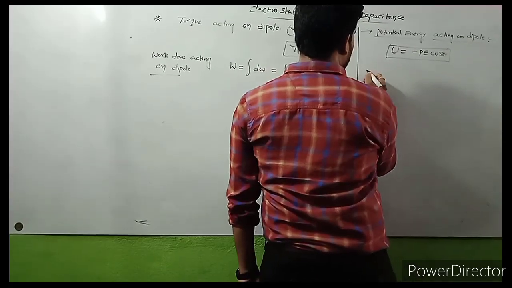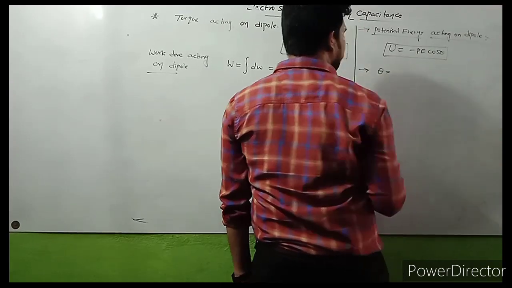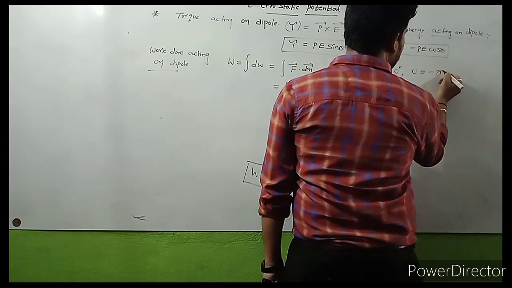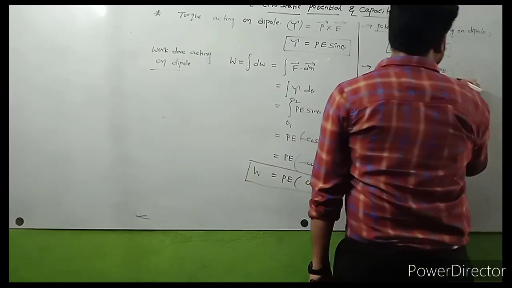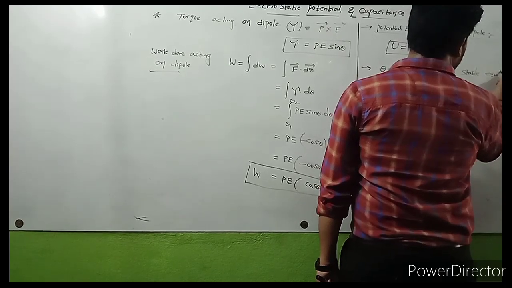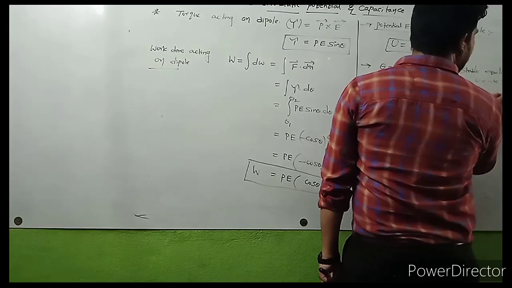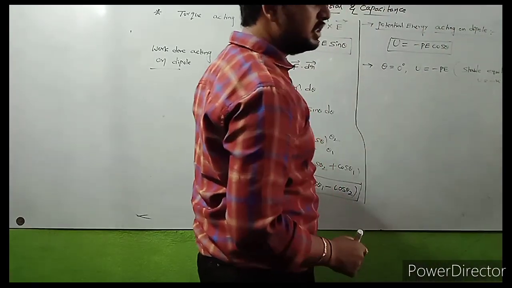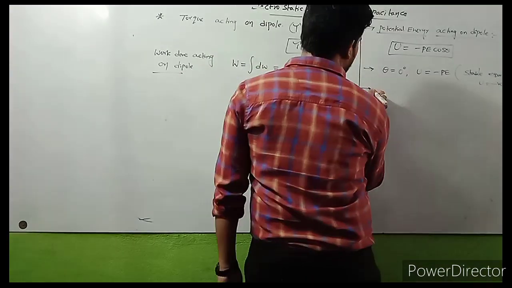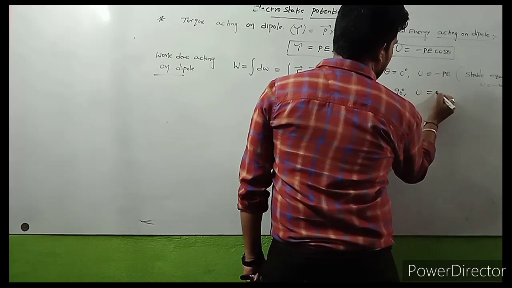Here, if theta is equal to 0 degrees, then U is minus P E. At that time it attains stable equilibrium. U value negative means it attains a stable equilibrium condition.